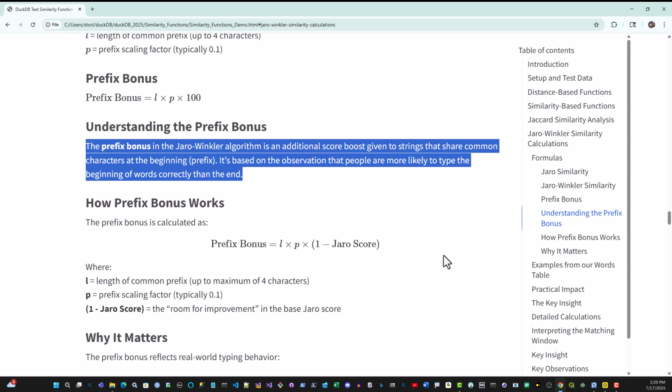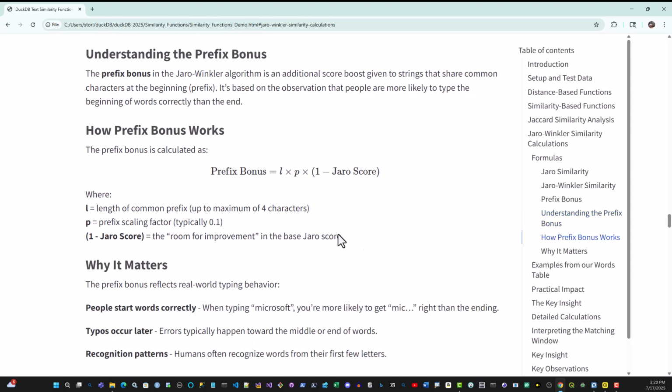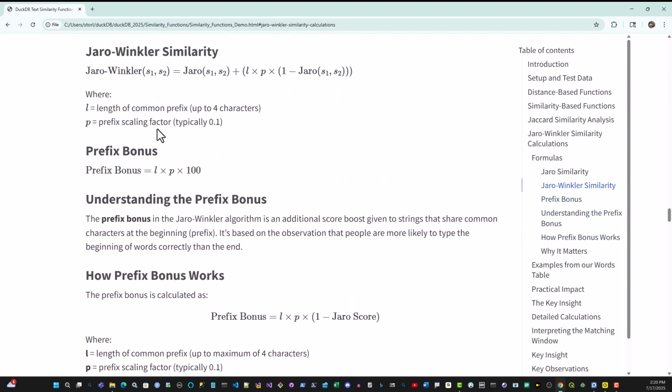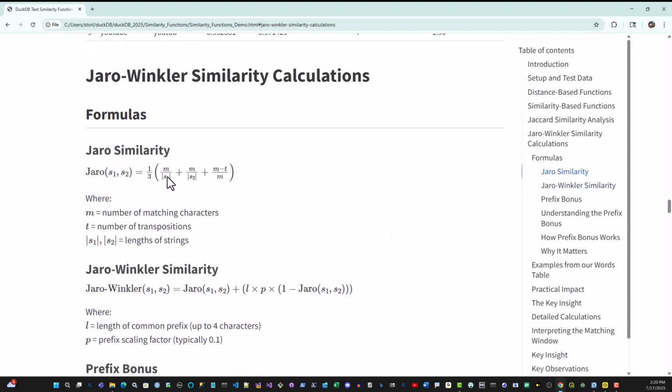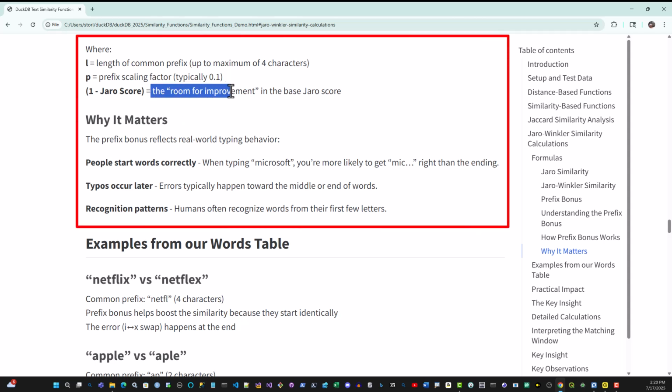So you have a tendency to write better character combinations in the beginning than the end of the word. So you calculate like this: the length times the prefix scaling factor times 1 minus the Jaro score, which we computed using this formula up here. So this represents the room for improvement in the Jaro score, which is that 1 minus the Jaro score here.